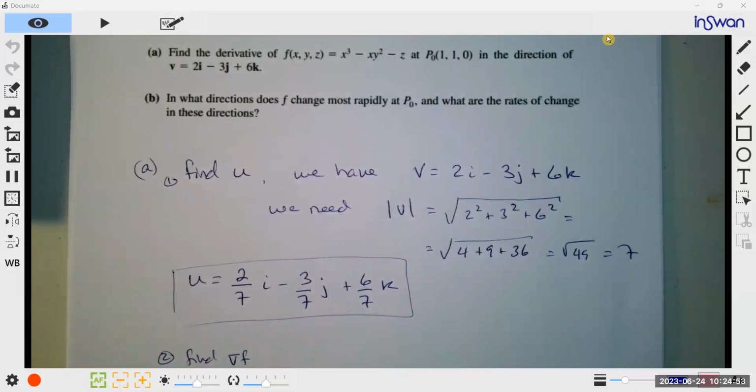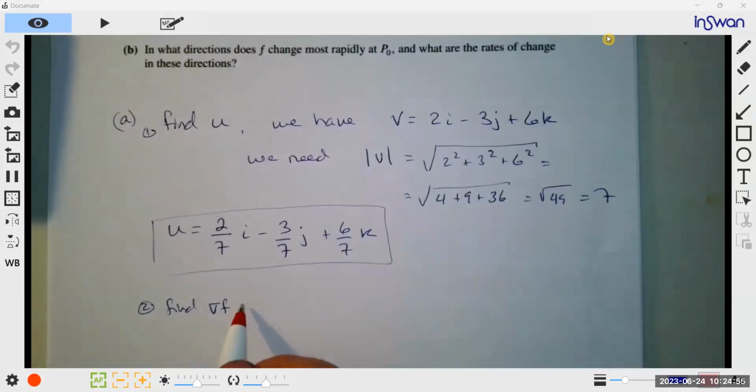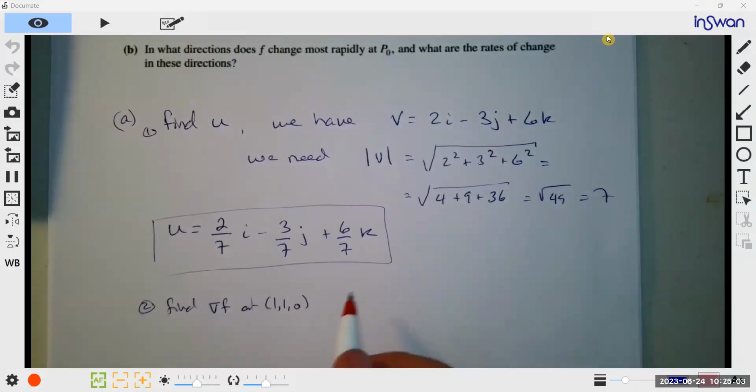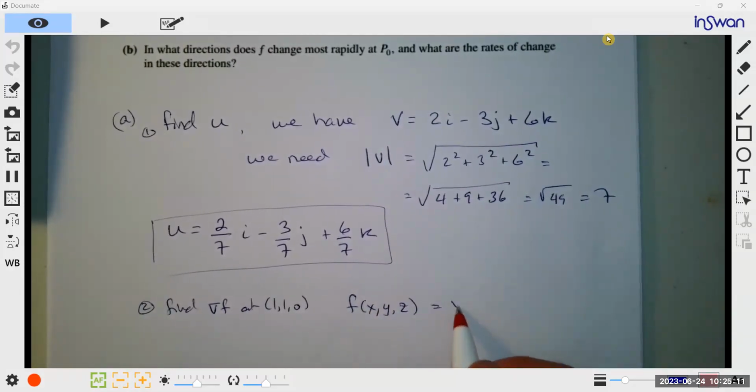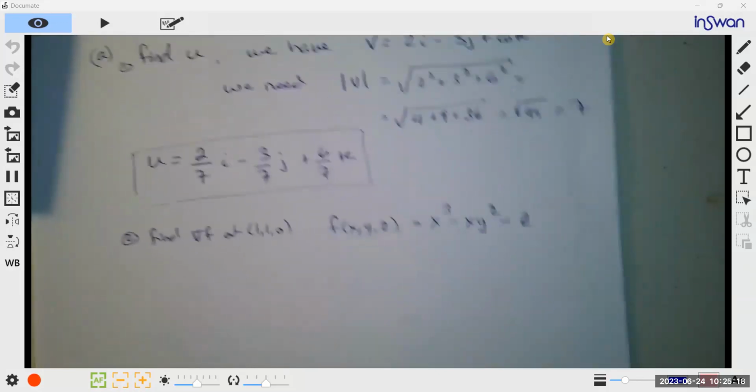Now find del f at our point, which is 1, 1, 0. So our function is x cubed, x y squared minus z.